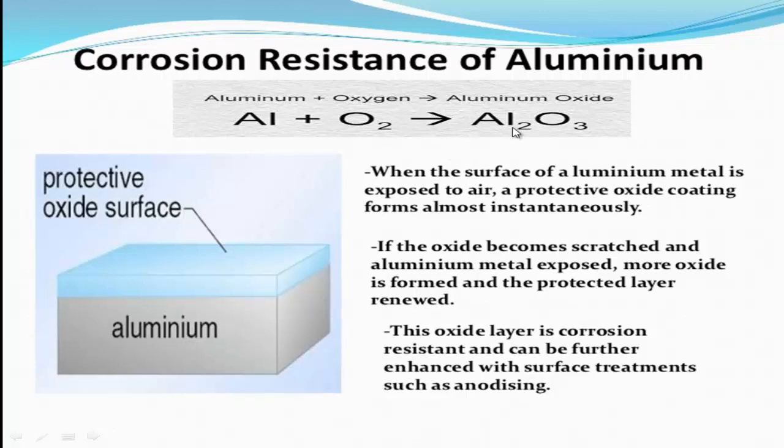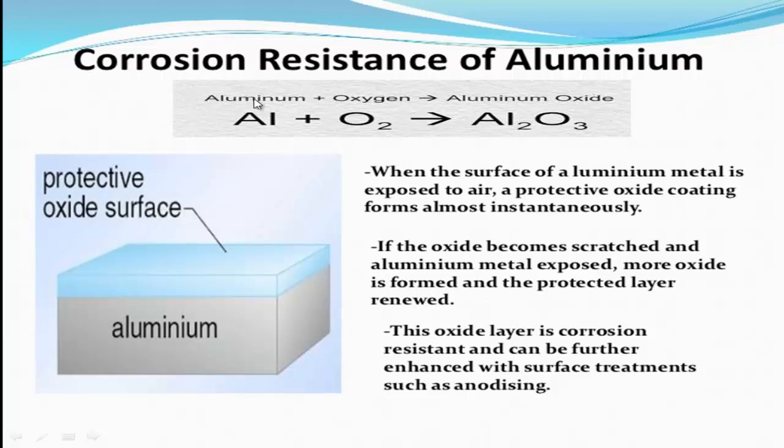That means the produced aluminium oxide layer acts as a protective shield for the inner aluminium. When it first reacts with atmospheric oxygen, corrosion occurs, but the next time this reaction does not happen.